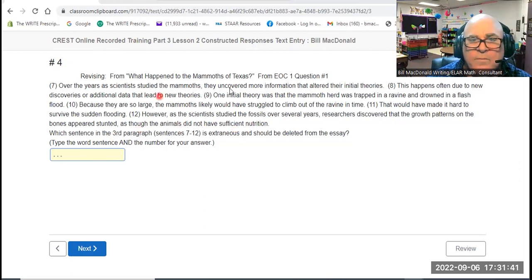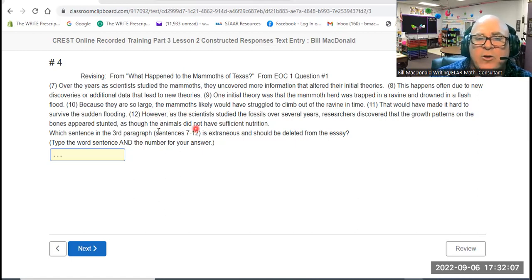So, because the topic sentence talks about altering the initial theory, this sentence 12 would be an example of how the theory changed because, well, if one example says they're so large, they would get trapped in ravines and drown in floods.